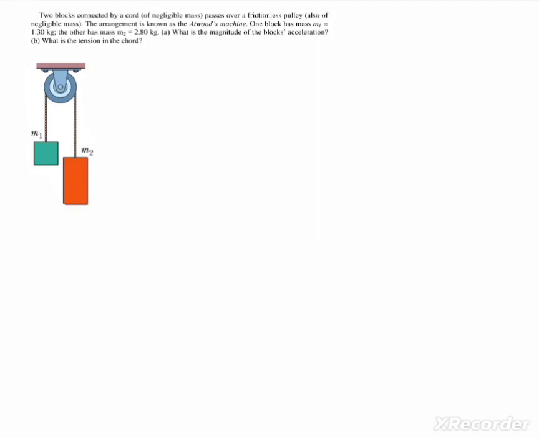As you can see, M2 is going to be moving downwards and M1 is going to be moving up. Then let's look at the forces acting on each block.